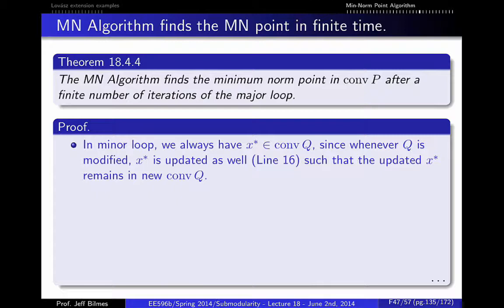We don't know how many iterations of the major loop happen, but we know it's got to be finite, assuming numerical issues are addressed. The Wolfe paper has a number of details about how to deal with the numerics, because when you're dealing with finite precision floating point numbers, you have to deal with them. Otherwise, in practice, you might not get termination.